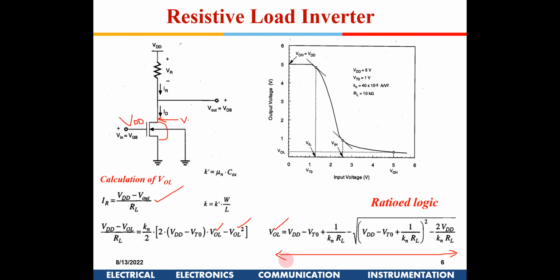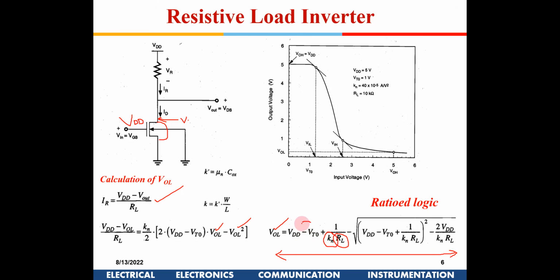All right. So from this equation, things are clear. Now, what are the parameters which affect VOL? First is RL. If you increase RL, it should decrease VOL, because it is in the denominator here. Similarly, if you increase Kn, which is W by L, VOL will decrease.